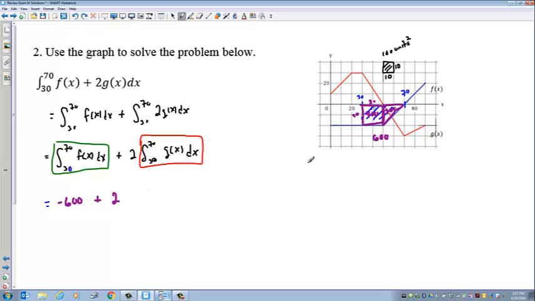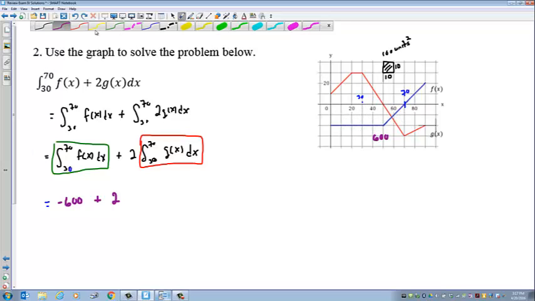2 times. And so now let's do it for g of x. So let's just wipe this here. And so for the integral of g of x, again, we're going from 30 to 70. But g of x is the red graph.